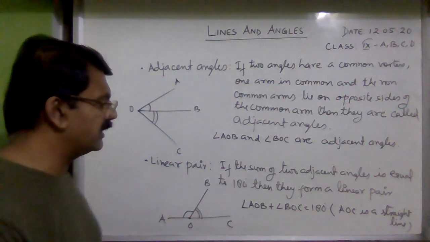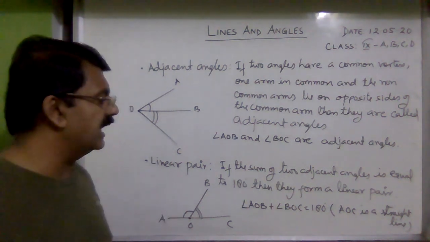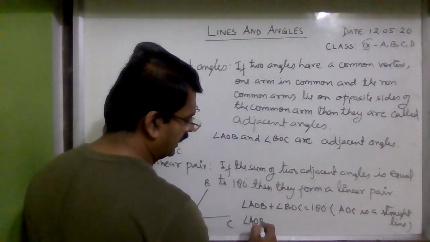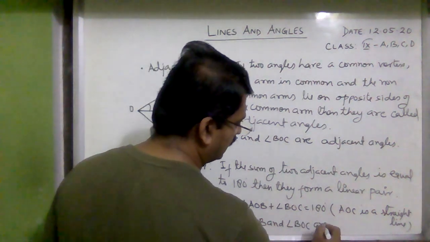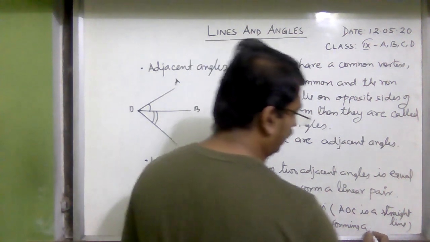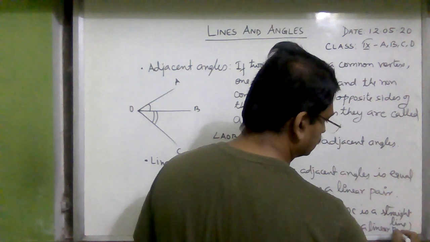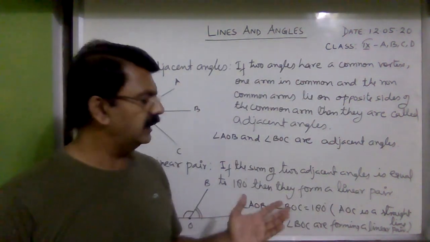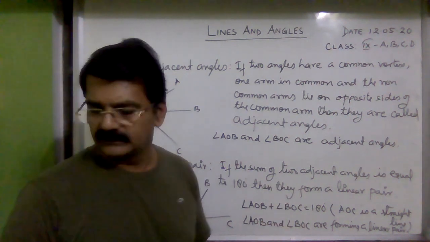And as AOB plus BOC is 180, we can say that angle AOB and angle BOC are forming a linear pair. Clear? Now it's clear what a linear pair is.